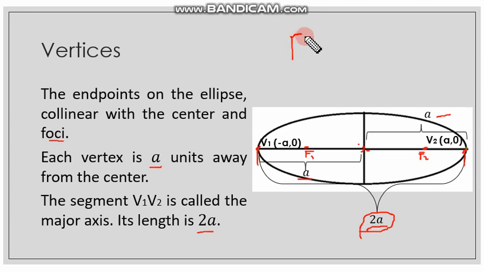If you remember, the distance from a point on the ellipse to focus 1 plus to focus 2 is equal to 2A. And we also refer to that as the length between the endpoints, from vertex 1 to vertex 2.